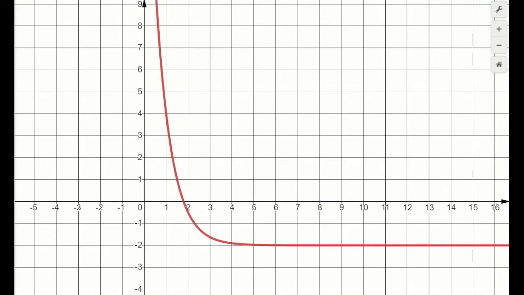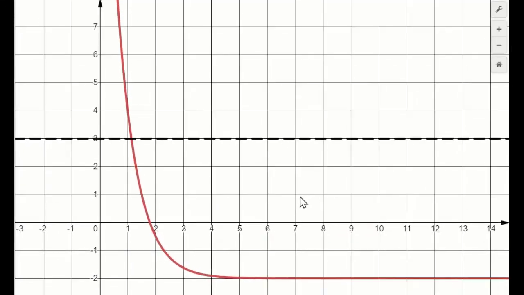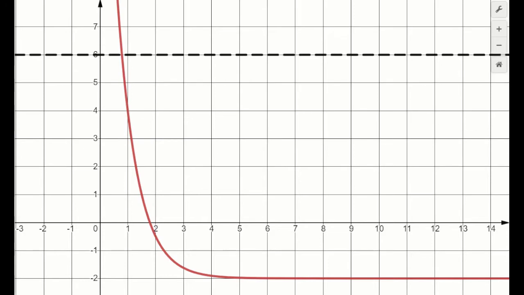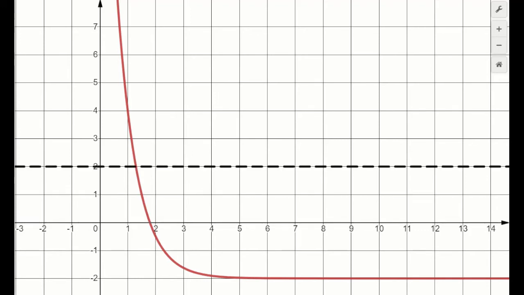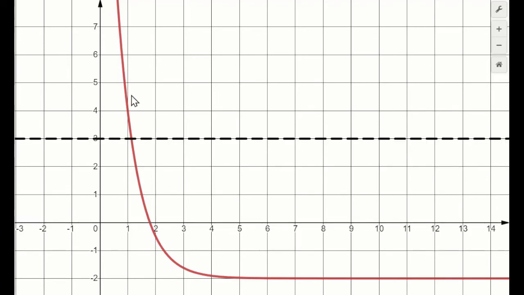Here we go, that's my horizontal line. As I sweep my horizontal line up and down, we can see that no matter where I place my line, the graph only crosses my horizontal line once.